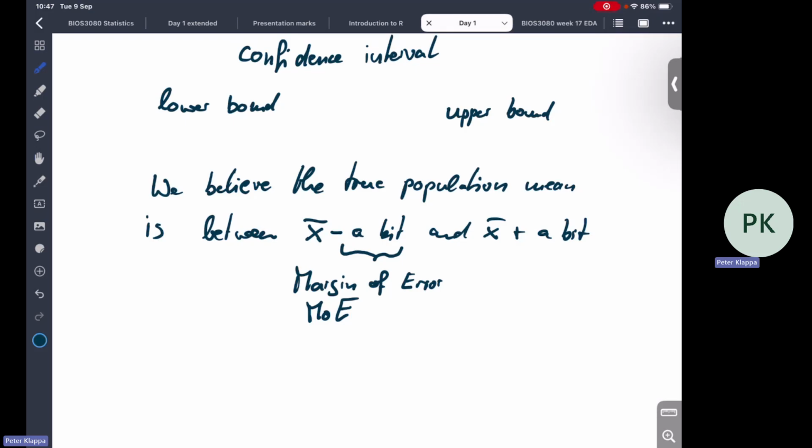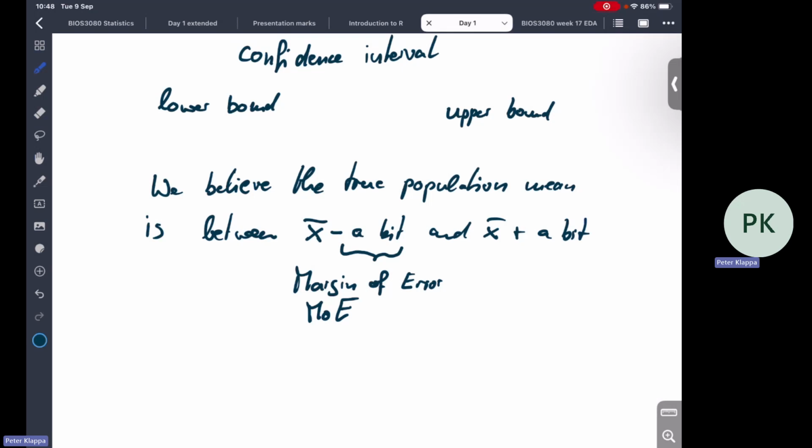Can't we put some numbers on it? Would that be possible to calculate this "a bit", this margin of error? That would be cool if we could, from just what we've got from the sample. How can we calculate a bit?